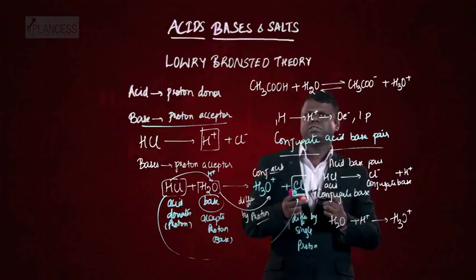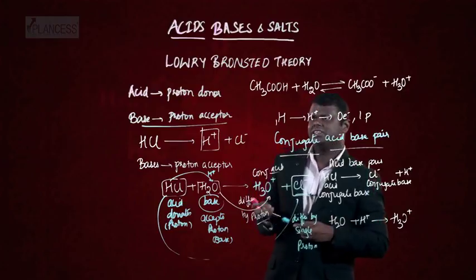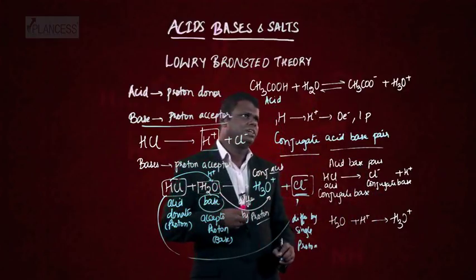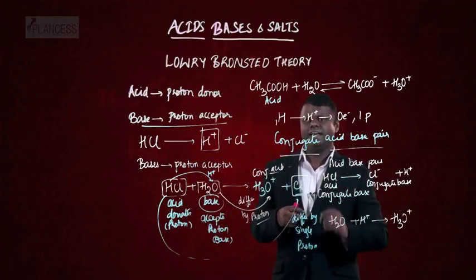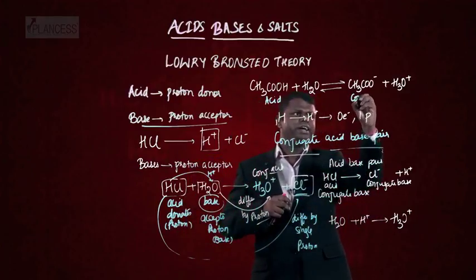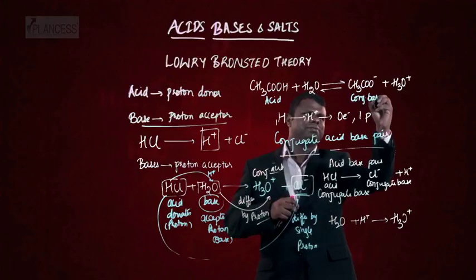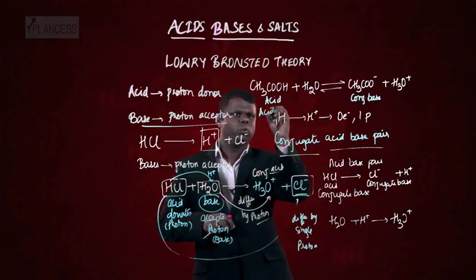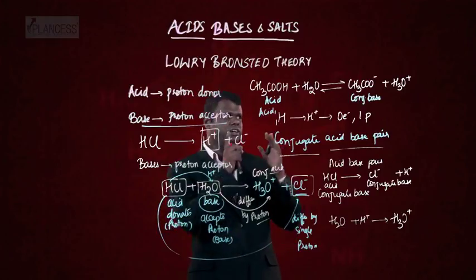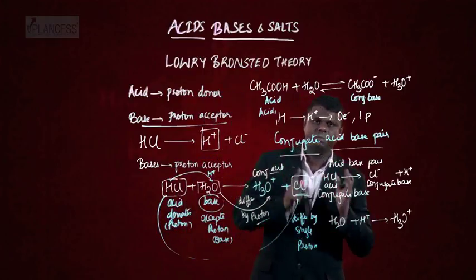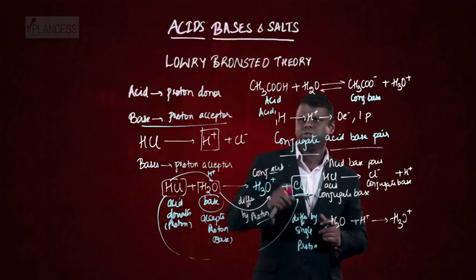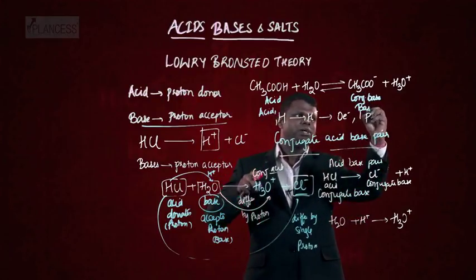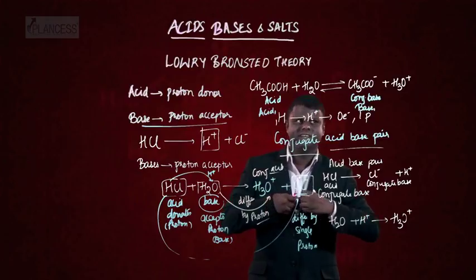Here you have acetic acid, which is the acid, and acetate ion, which is the conjugate base. This acid is called acid 1. We normally write a conjugate acid-base pair as acid 1 base 1 and then acid 2 base 2. So the conjugate base is denoted as base 1.